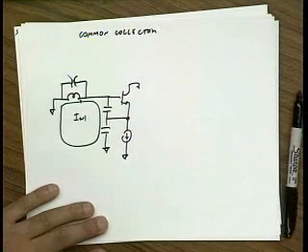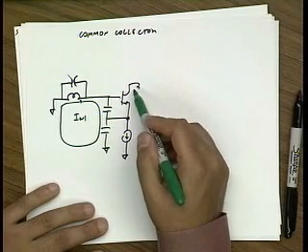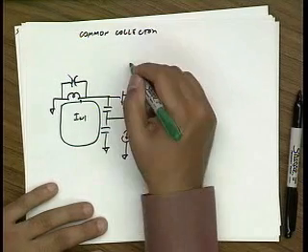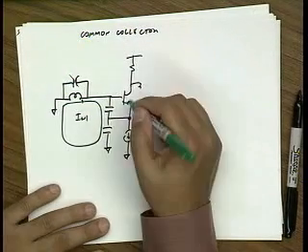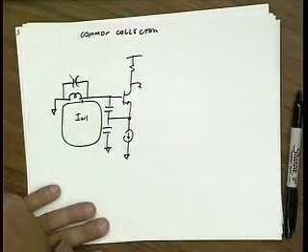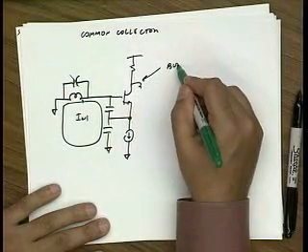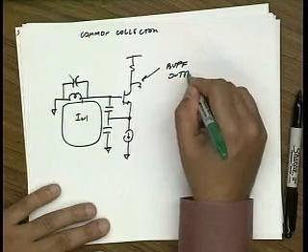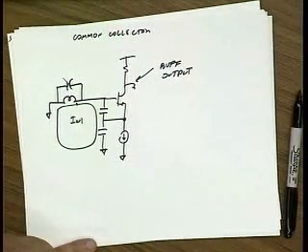The other important point to note is that there's no reason to actually ground this. It doesn't affect the circuit operation if I put a resistor here. Assuming that resistor is not too large, so C mu doesn't come into play again. But if I put a resistor here, then I have a buffered output, kind of for free. I don't have to do anything to create this buffered output.